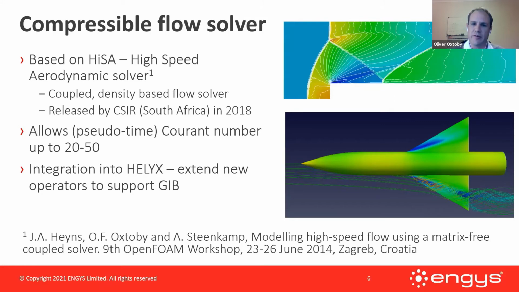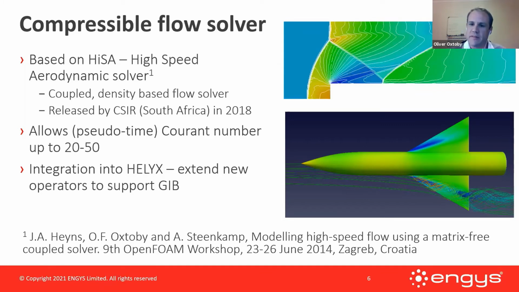So similar to rhoCentralFoam, for example, but it's fully implicit, which gives one the advantage of being to a large extent free of the Courant number restriction. And typically in practice, this gives you solution times that are an order of magnitude or even two orders of magnitude faster than you can do with a segregated or explicit solver like sonicFoam or rhoCentralFoam.